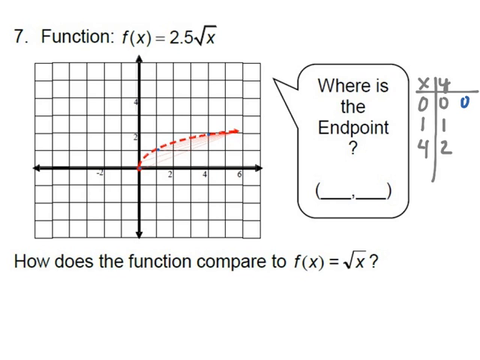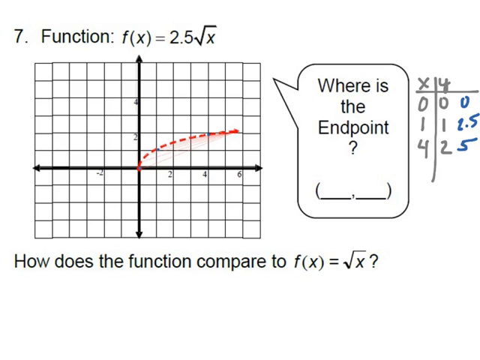If I multiply the next y value, the 1, times 2.5, I get 2.5. Now I'm looking at that last y value, which is 2. If I multiply 2 times 2.5, I end up with a 5. So what I did here was I took all the y values and I multiplied them by 2.5. That's our stretch factor. That's how much we're stretching it out.